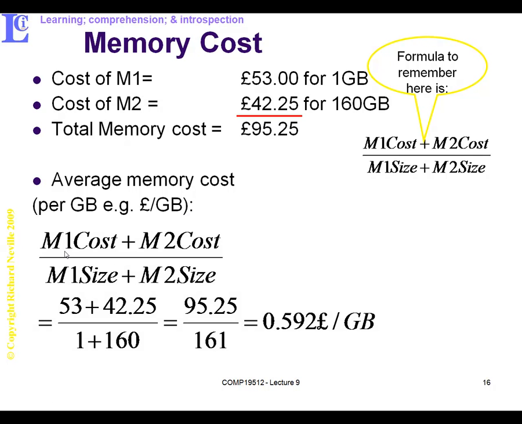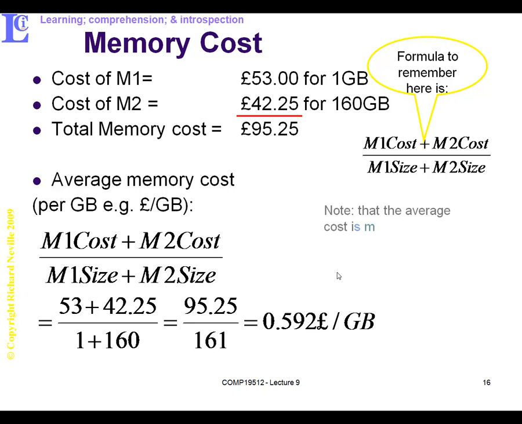So here we are then. We've got M1 plus M2, which is this figure here. And then we've got the sizes in gigs, so we're just going to write the gigs and take it implicitly that these two numbers are in gigs, these two numbers are in pounds. So again, on top of the division sign, M1 is 53 plus M2, which is 42.25, using this equation, given the price of memory M1 and M2 and the size of M1 and M2.